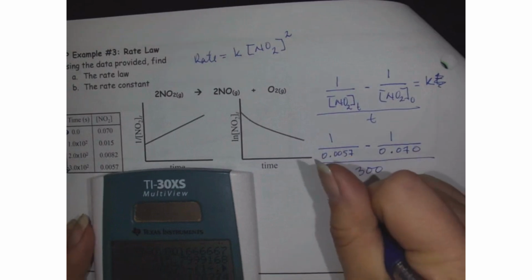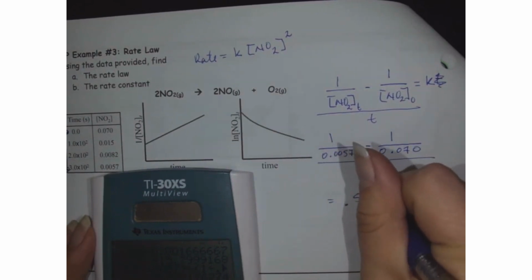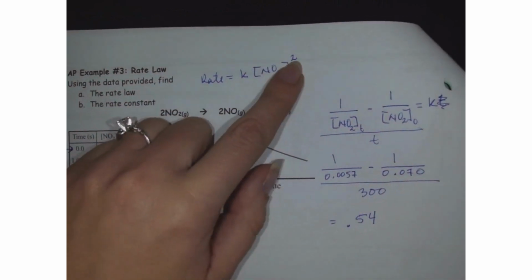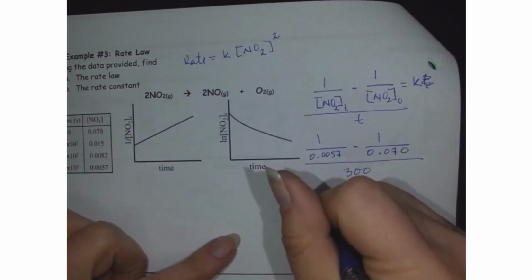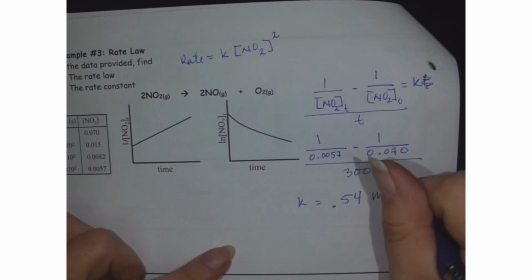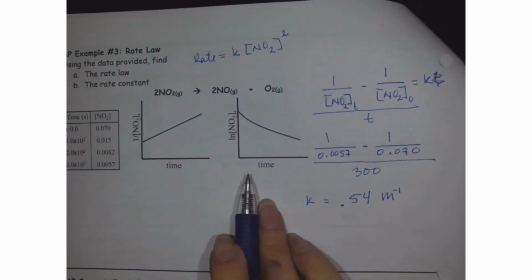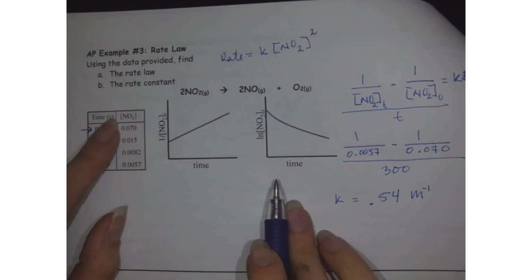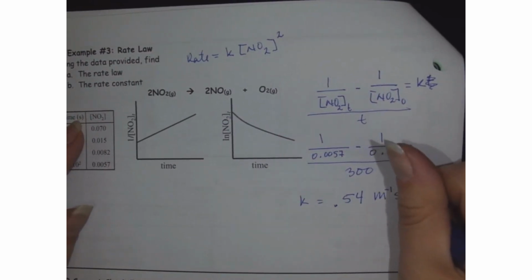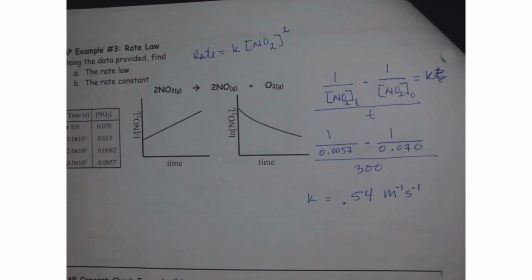So I'm going to do 0.54. And this is second order. So my units of K are going to be concentration to the -1 and time to the -1, but time was seconds. So inverse molarity, inverse seconds.